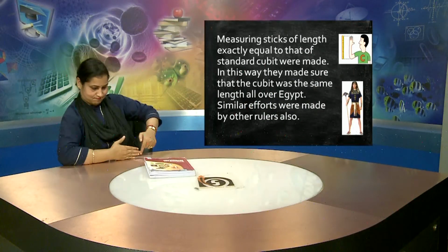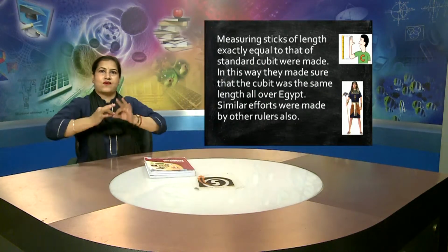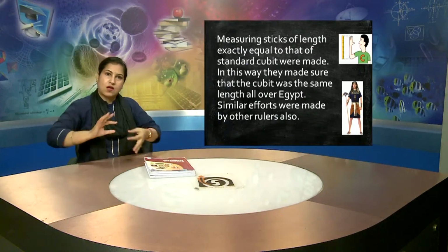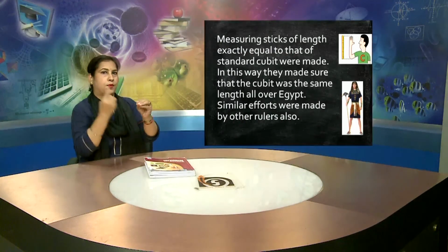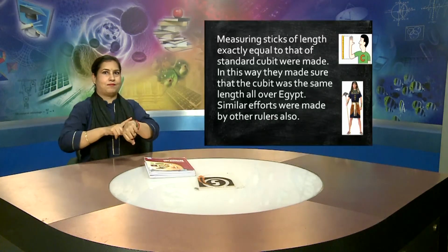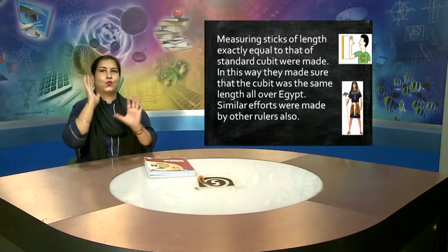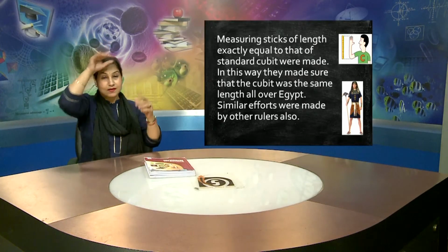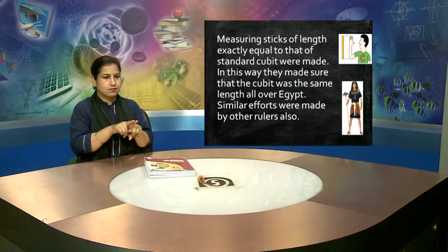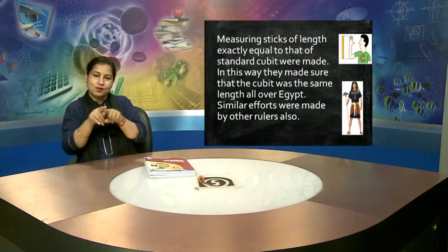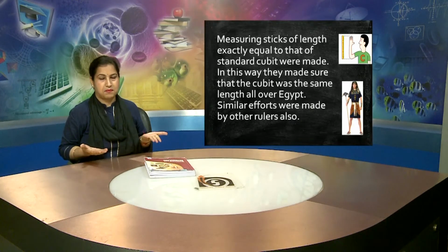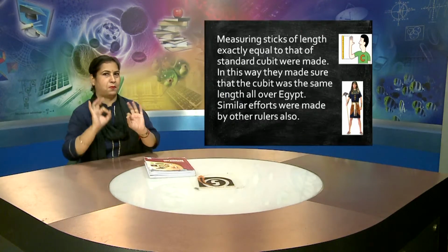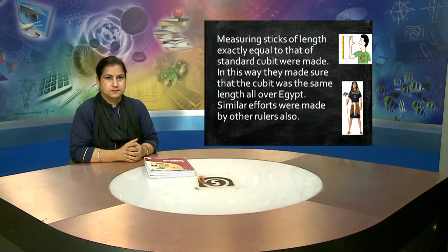Measuring sticks of length exactly equal to that of the standard cubit were made. In this way, they made sure that the cubit was the same length all over Egypt. Similar efforts were made by other rulers also.